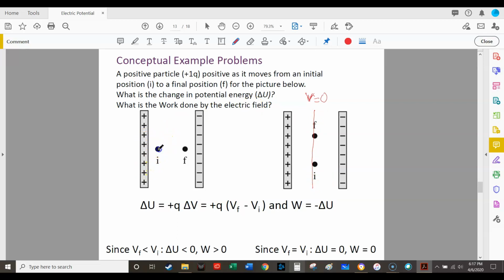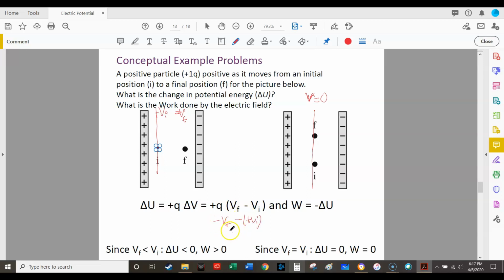We're going to take a positive charge and put it here. So the voltage here is going to be a positive voltage. So VI is going to be a positive voltage. VF is going to be a negative voltage. So you have a negative V here for the final voltage, and you have a positive V for the initial voltage.